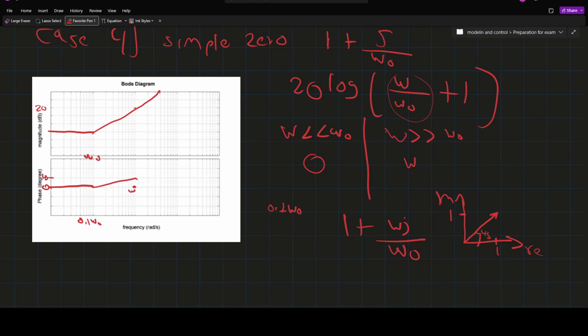And then again when omega is a lot bigger than omega naught, then all that is going to matter is this omega, and so we are just going to have j, and j is going to be 90 degrees just like before. Okay, let me make it better.